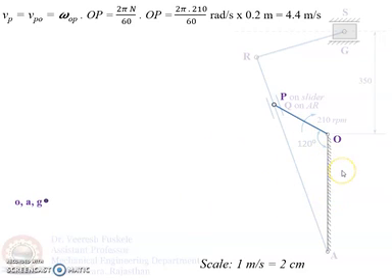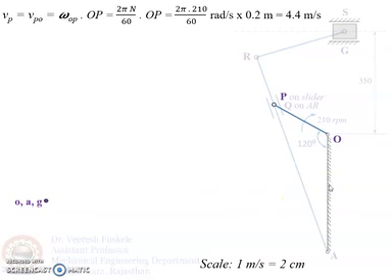So as we know that the velocity of a link is perpendicular to the link, so to draw the velocity of P relative to O, we'll draw a perpendicular from point O in the velocity diagram.